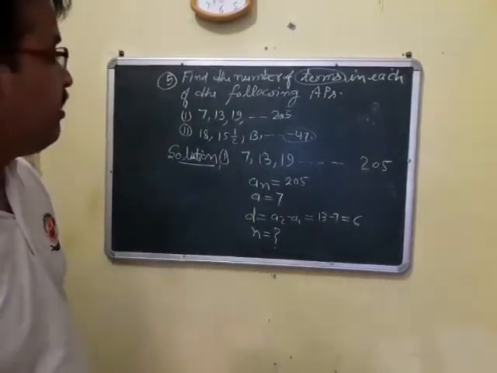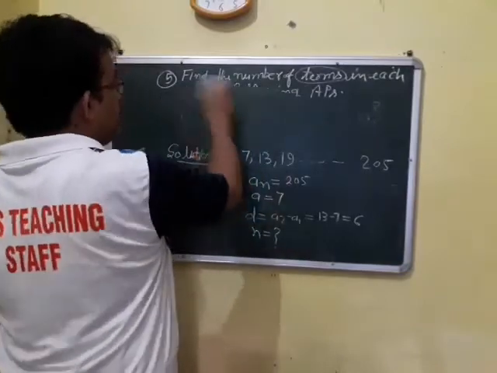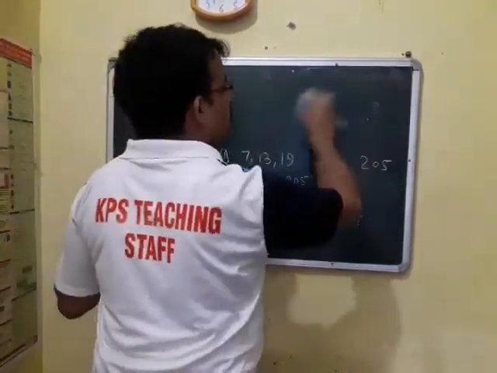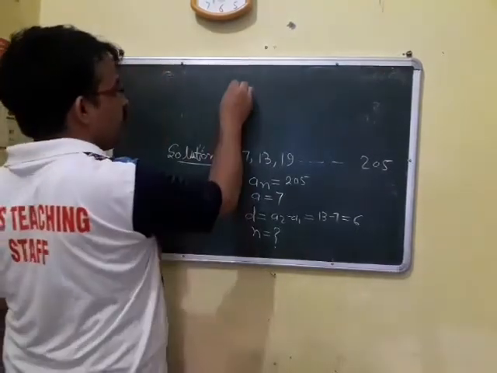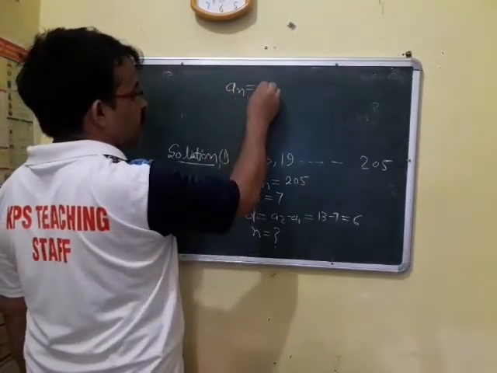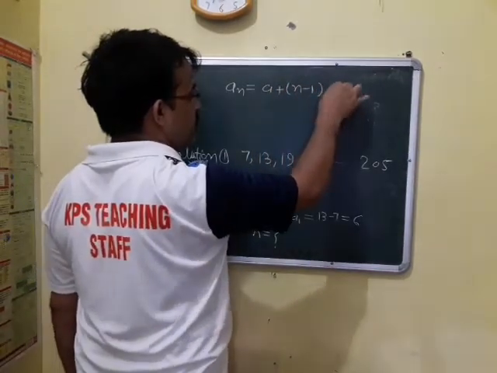Now the AP is given, the terms are given here. General AP: an is equal to a plus n minus 1 into d.